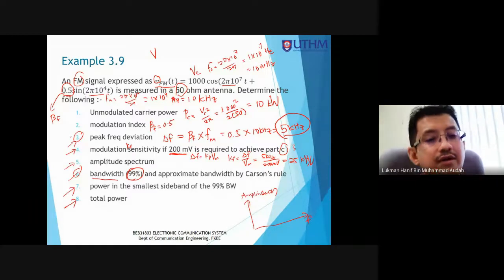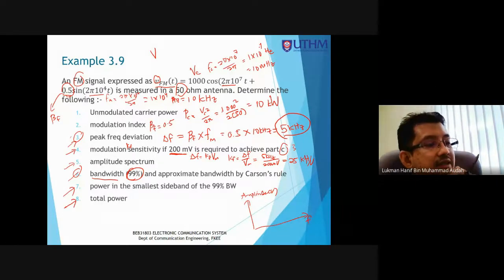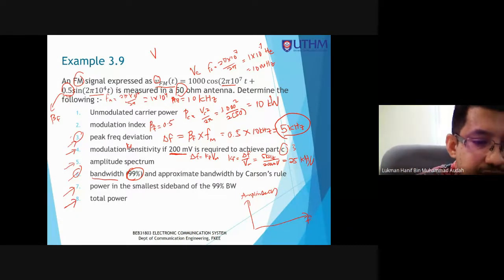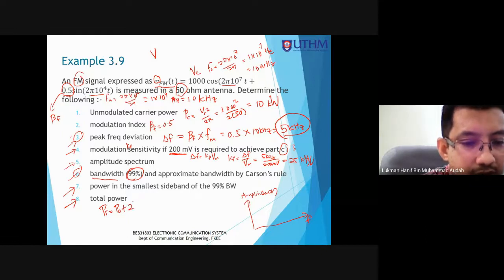Okay. The last question asks about total power. Okay. So total power, ini macam biasalah total power bersamaan dengan P0 plus 2 times P1 plus P2. Ini berapa?